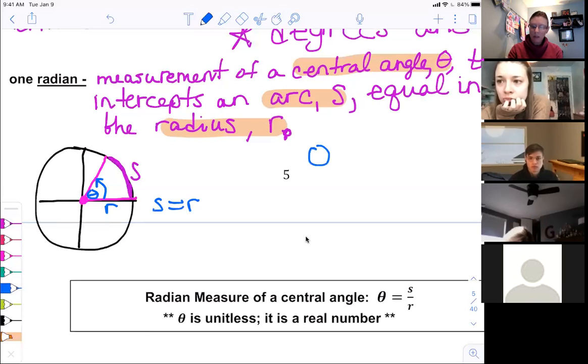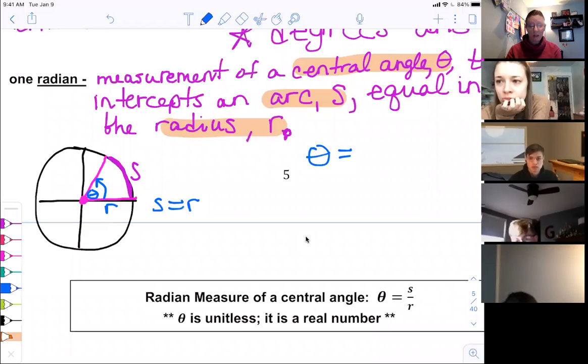The measurement of an angle bigger than 1 radian is found by taking the ratio of the arc divided by the radius. So that's how I find the measure of an angle, by taking the distance of the arc divided by the distance of the radius. You can actually see that at the bottom of my screen, it's there again.